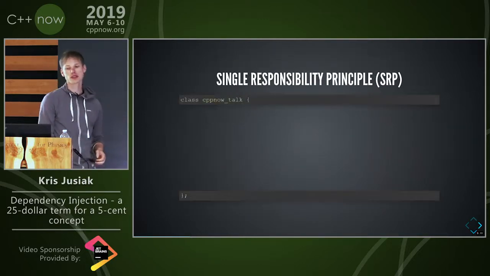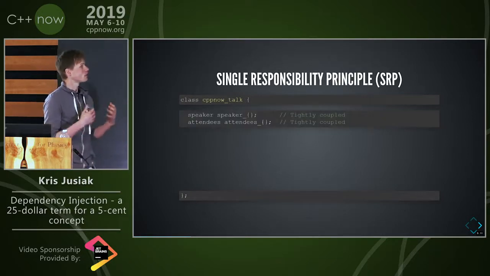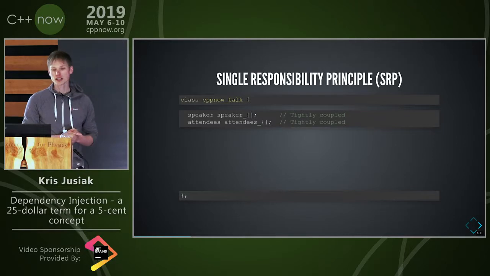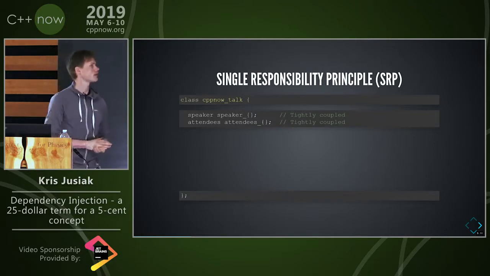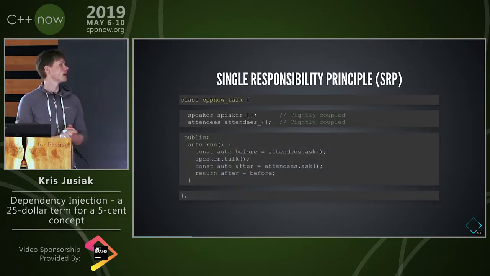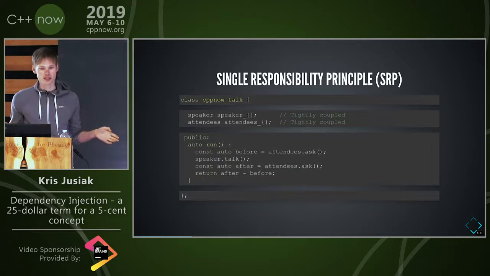What about CEP now talk? Well, we'll couple them to the talk. So we'll have the member variables, and then we'll just run. So here we still don't use dependency injection.